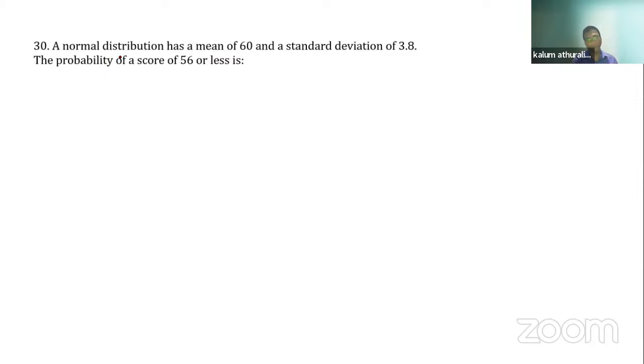This one is a normal distribution question. The normal distribution has a mean of 60 and a standard deviation of 3.8. What is the probability of a score of 56 or less? If you have a normal distribution question, you draw the curve of the normal distribution and mark the middle line.